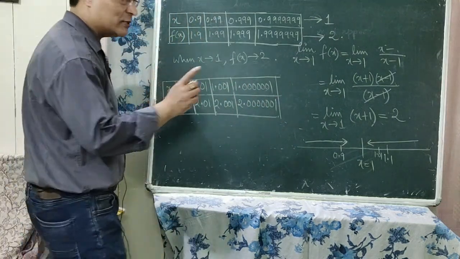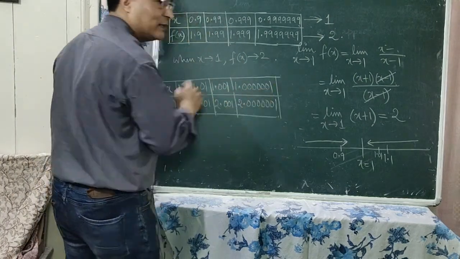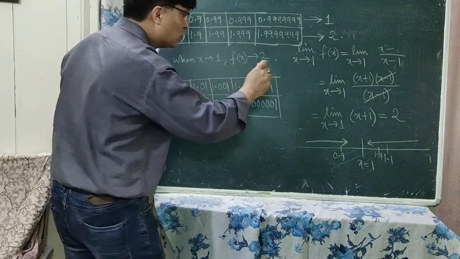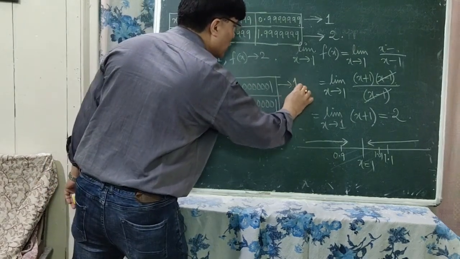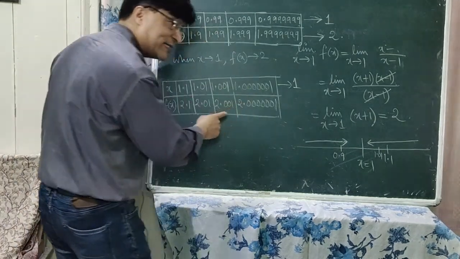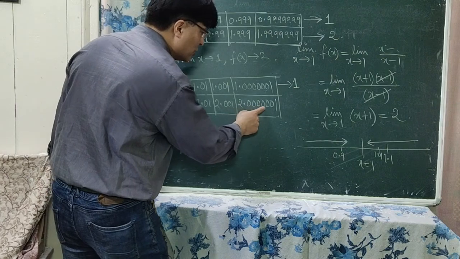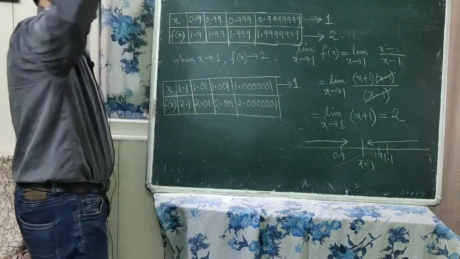Okay, that means when you have 1.00000001, something like that, it almost tends to what? 1. It almost tends to 1. But in this case, the value of f of x is 2.00000000, like that, 1.